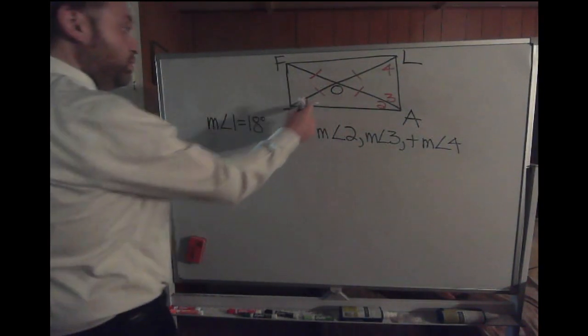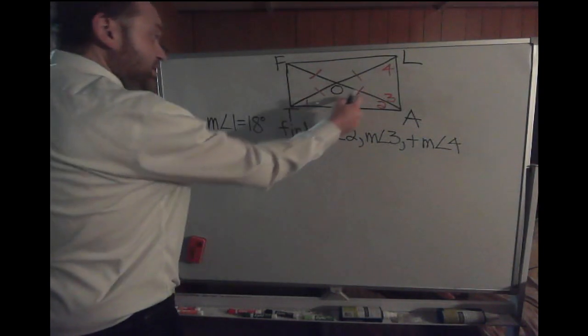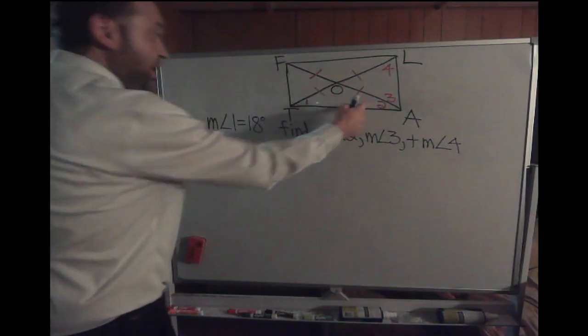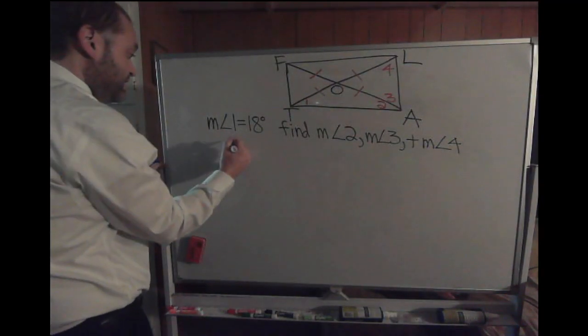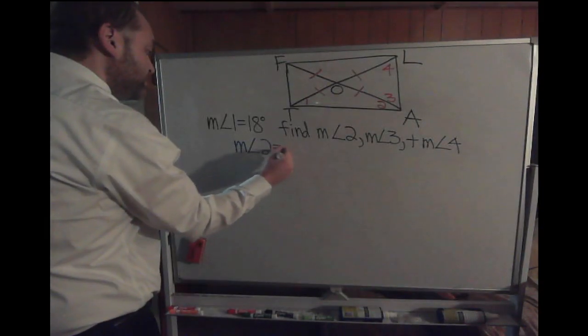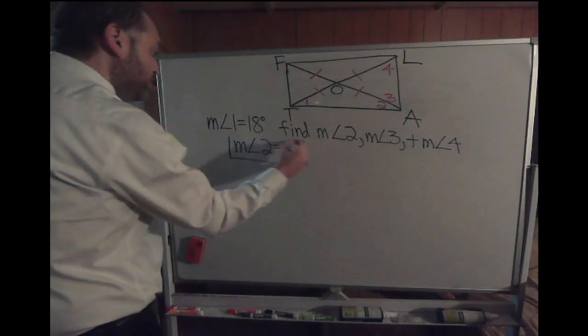So if angle 1 is 18, and this side here is congruent, that means this side is congruent. Angle 2 would also have to be 18 degrees. So based on the isosceles triangle theorem, we know that angle 2 is 18 degrees.